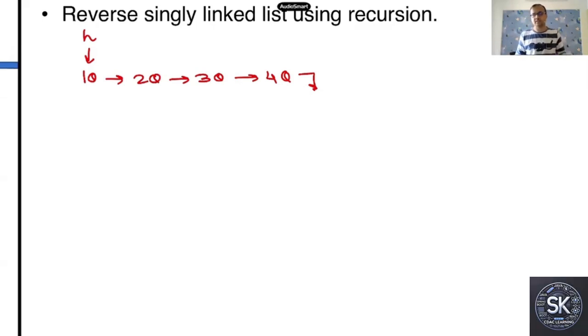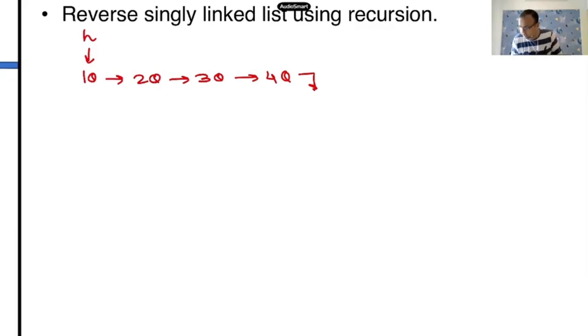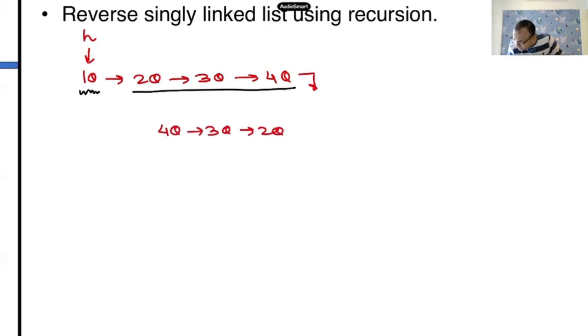Explaining the process in terms of itself is pretty simple in this case. What I'm saying is that if I want to reverse this linked list, first reverse the rest of the linked list, and then try to add this node at the end. So as you reverse this linked list, the output will be something like 40, 30, 20, and then this particular node, obviously in this particular case, this node is the last node.